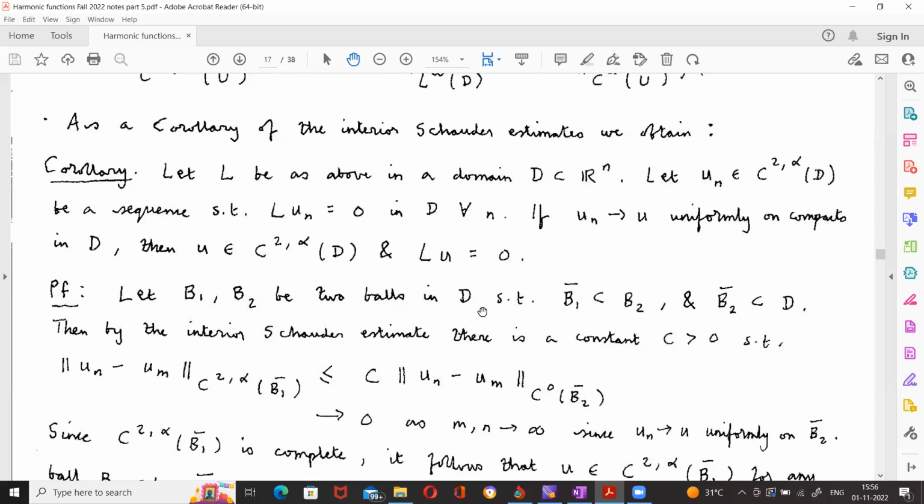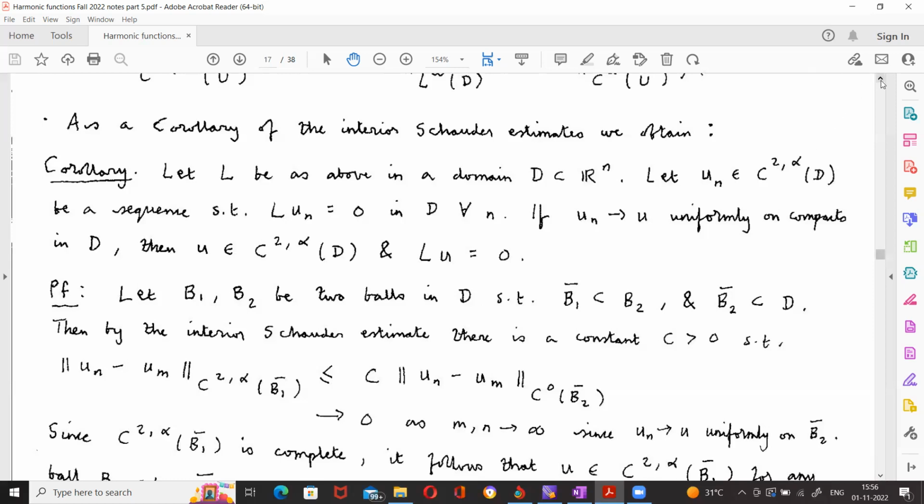Because B2 closure is contained in D, the function u_n minus u_m is bounded on B2, and L of u_n minus u_m is going to be 0 again.